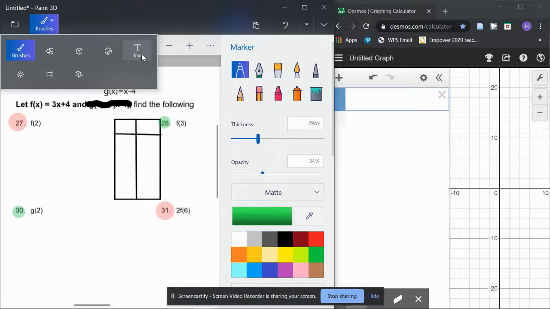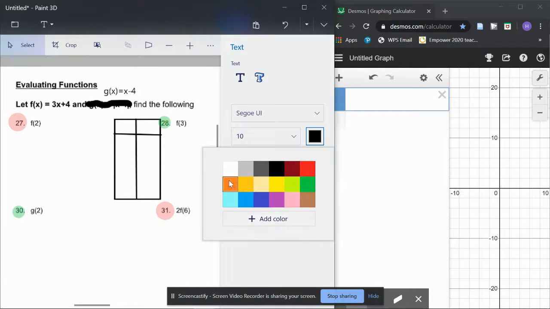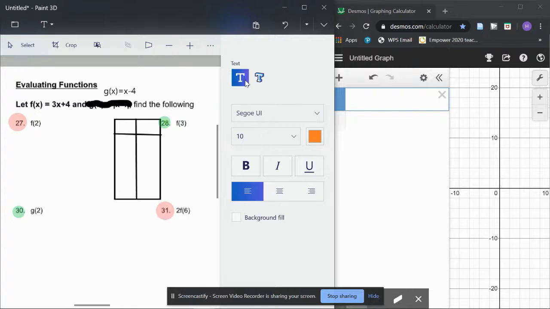So let's go ahead. When I'm solving these, what I usually do first is write out the whole original equation just to help myself remember. The original equation is f of x equals 3x plus 4.